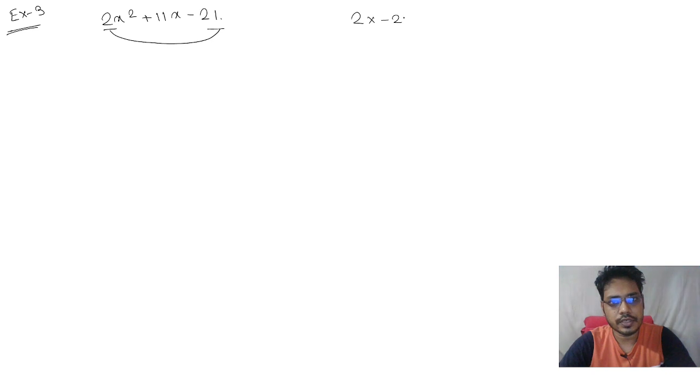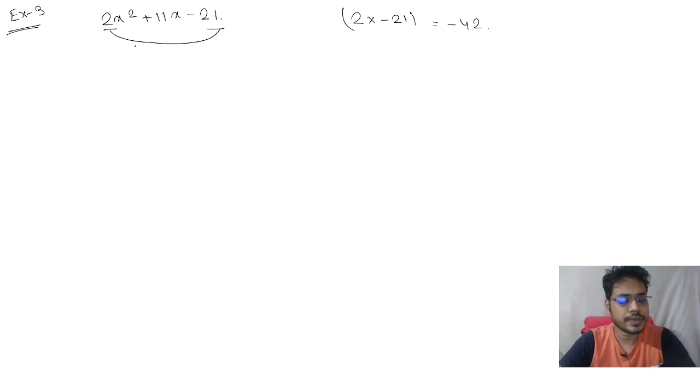Coming to example number 3, the third example is 2x square plus 11x minus 21. First you have to check 2 and 21. So 2 multiplied by minus 21 will be minus 42.